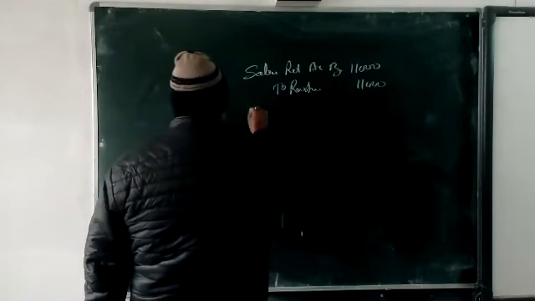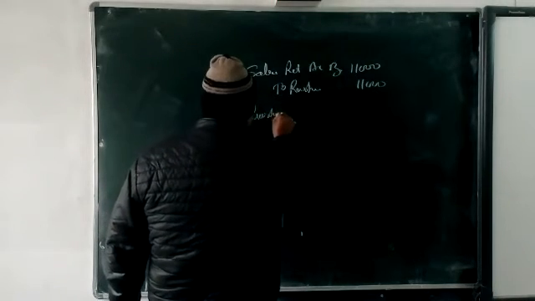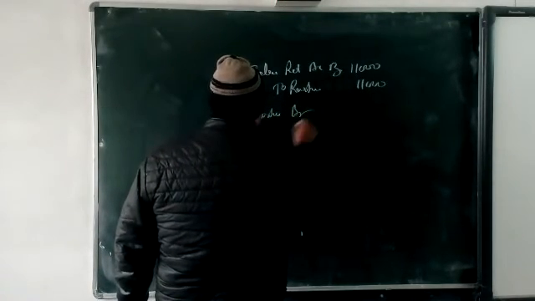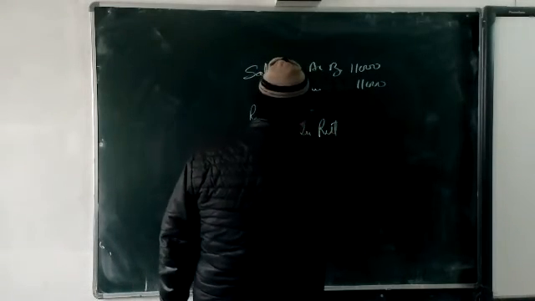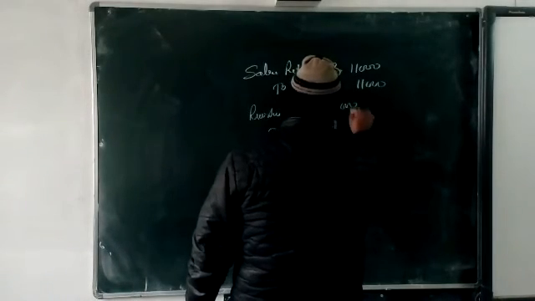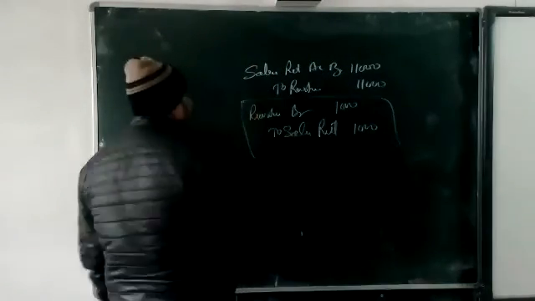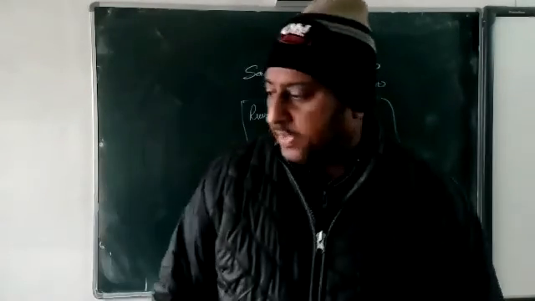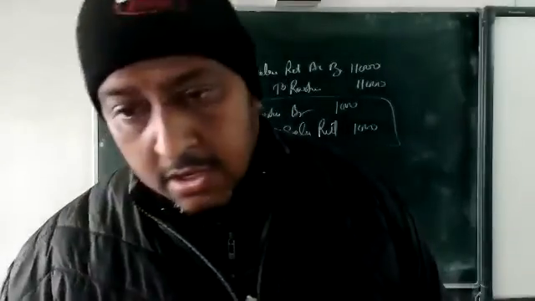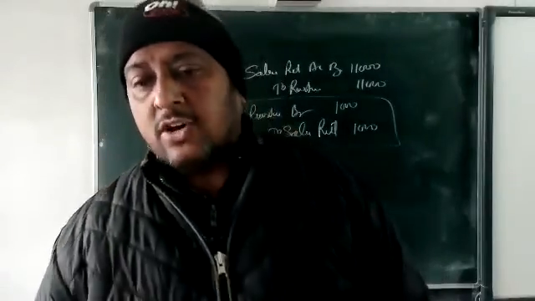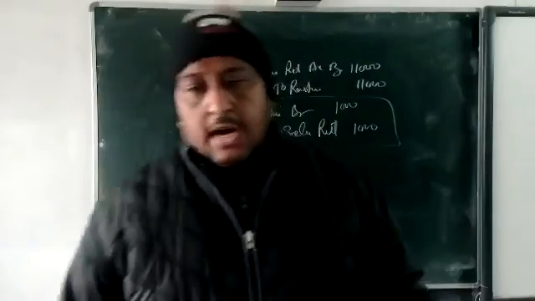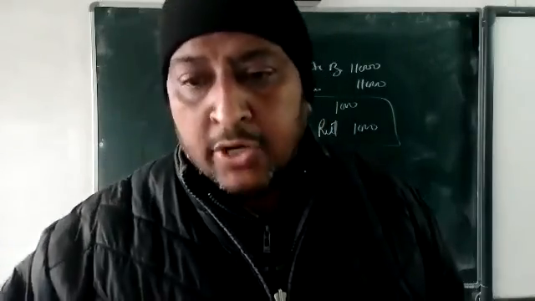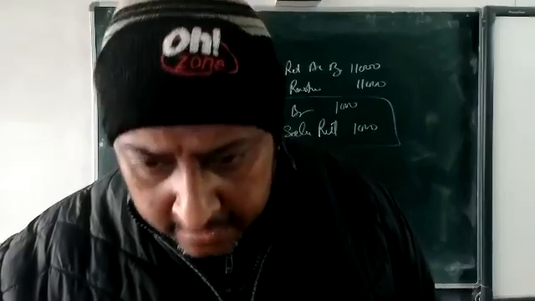Then we rectify it with the opposite: Rashi debit to sales return, with the amount of 1,000. Okay, beta, this is the rectified entry. This is the way we solve the questions when the case comes with a more amount or a less amount entered. Okay, beta. Clear?